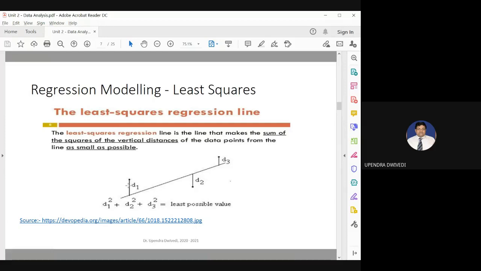Suppose this is a line which is predicting your house expenses. On the x-axis you have taken your various predictor variables, and on the y-axis you have taken your house price. Say on the x-axis is the number of members in a family. As the number of members in the family increases, your house price increases, and so on.